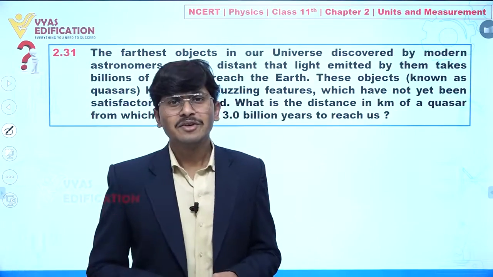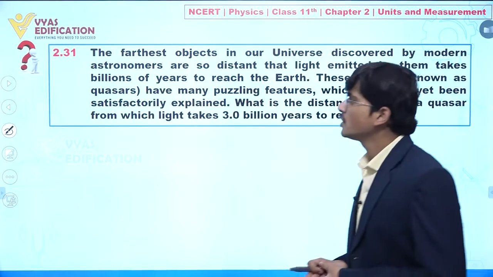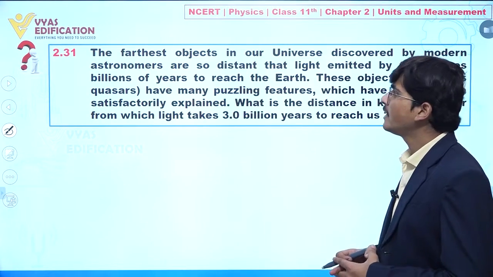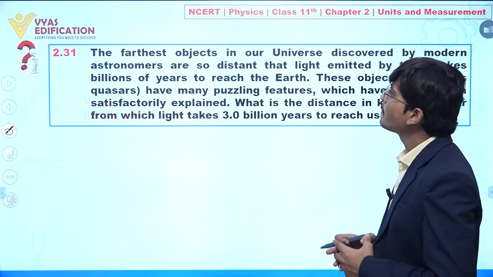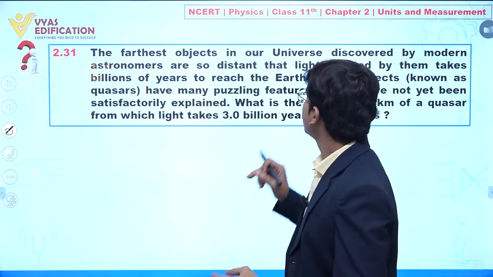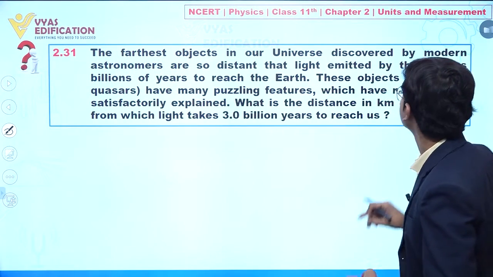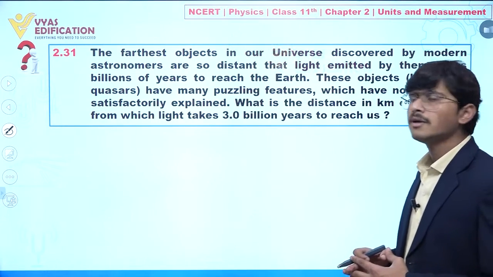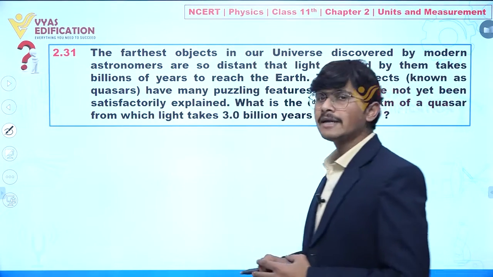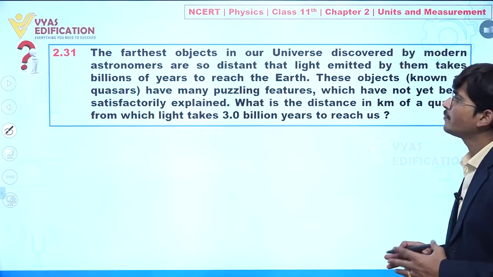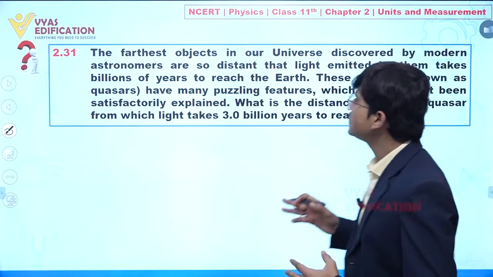Clear to everyone? Now dear student, we are going to discuss question number 2.31. In this question the farthest object in our universe is given. The farthest objects in our universe discovered by modern astronomers are so distant that light emitted by them takes billions of years to reach the earth.